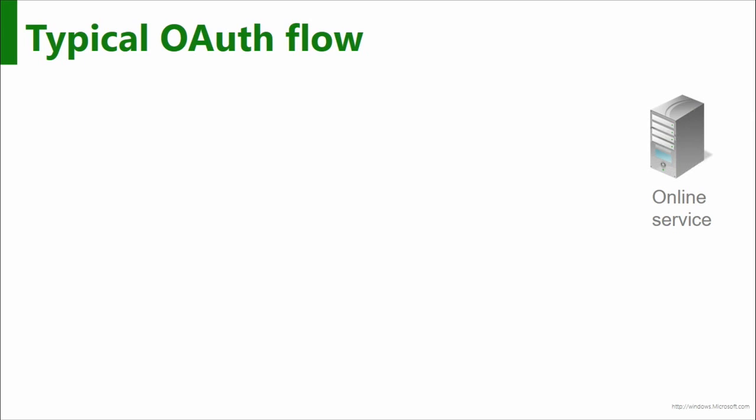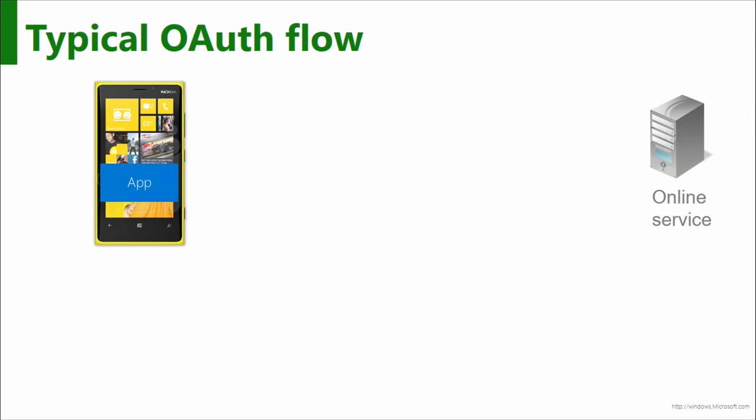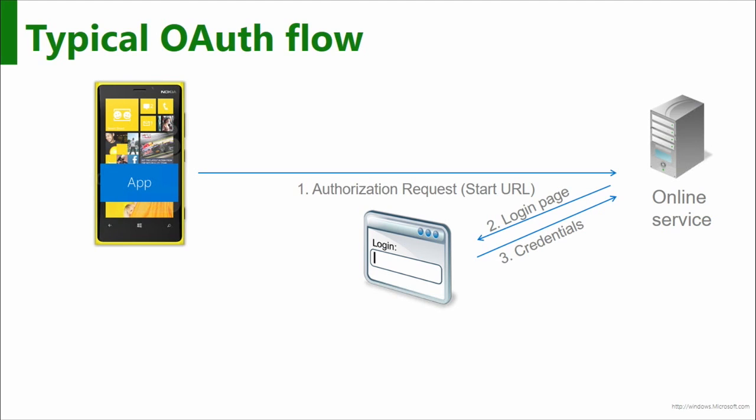So you have a back-end service, and OAuth is the process whereby you authenticate with it. You have your app, and you start this whole thing by making an authorization request. You just try and access the online service by using its URL. So you're just trying to call it. And what typically happens then is that the service will pop up a web page, a login page, where it will ask the user to enter their credentials.